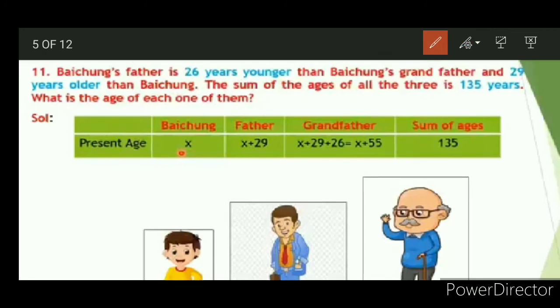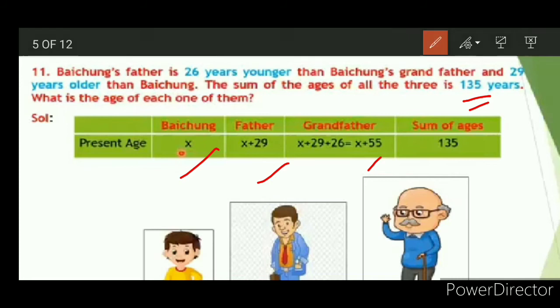Now we assumed all three persons' ages. We will add these three persons' ages and equate to 135. That is the linear equation of this question.